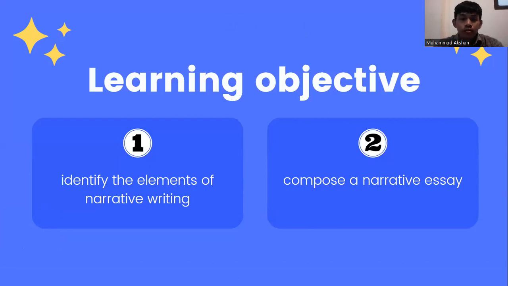A narrative text must have elements, and we have to know each element of narrative writing, because after we identify the elements of narrative writing, we can know the meaning of each element. We can know the rules of each element, and then we can make the narrative text.